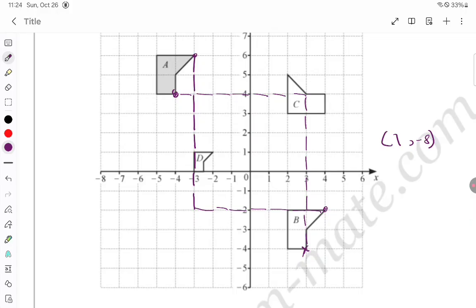And if we go for another point like this one, 7 on the right, 1, 2, 3, 4, 5, 6, 7, and 8 to the downwards, 1, 2, 3, 4, 5, 6, 7, 8. So our transformation is correct.